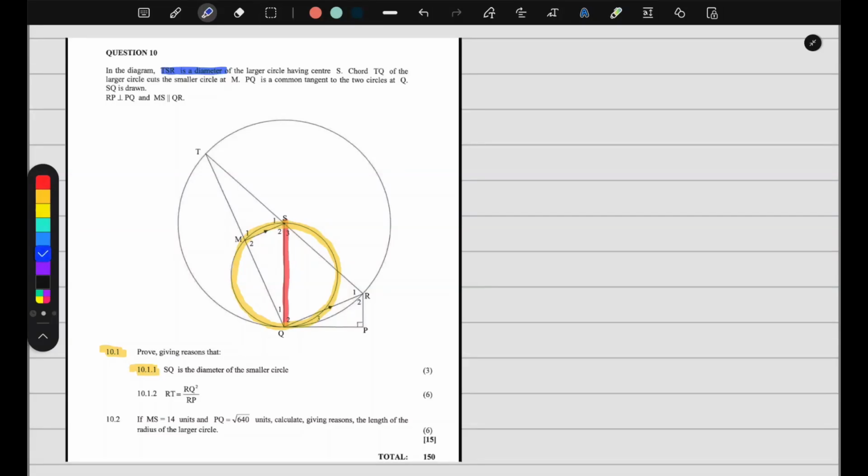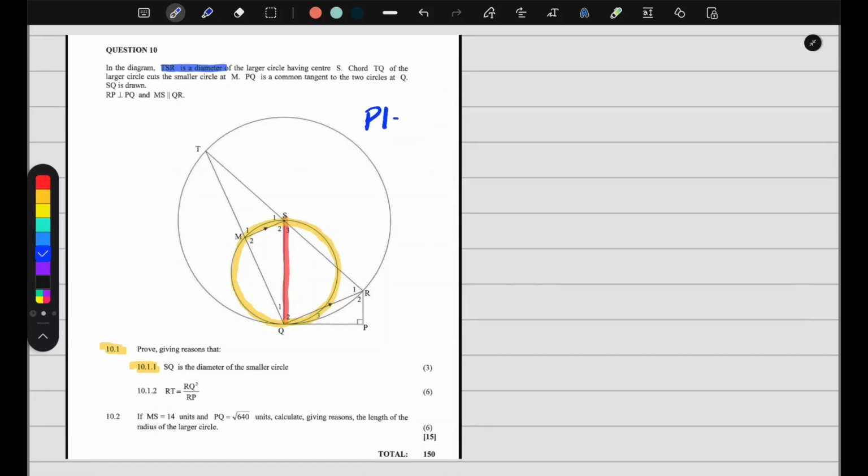How do you prove a diameter? If you have a circle and you see the endpoints of this line, let's say you have to prove this is the diameter. Then where this line goes and where that line goes, where they meet, that angle must be 90. And if it's 90, then this line is a diameter. So let's try and prove that.